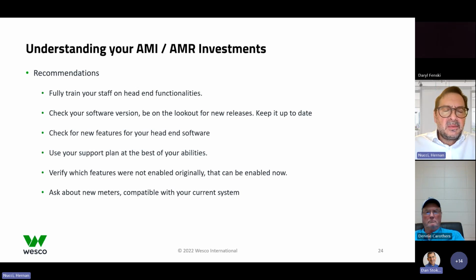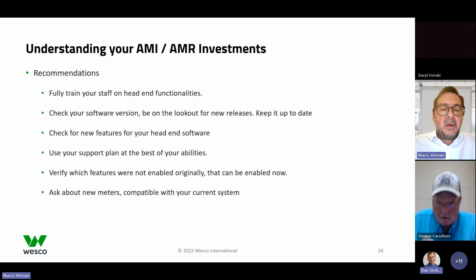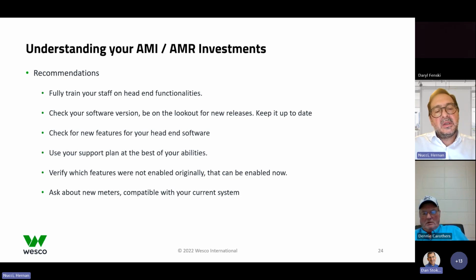Also, when these systems are set up and start being used, the suppliers never enable 100% of the functionality. Some functionalities, they say, as soon as the system is stable, we're going to enable this and this and that. And then routine kicks in, we forget. Maybe there's some functionality that was never enabled and you have it. So that is another way to protect your investment.